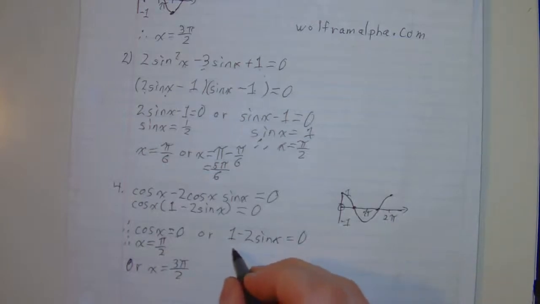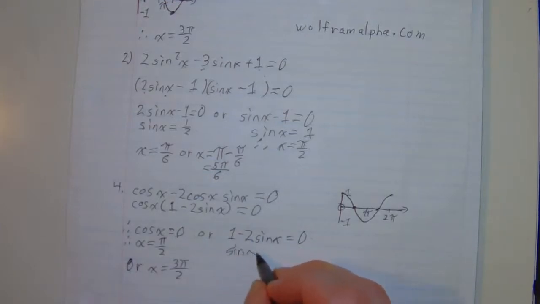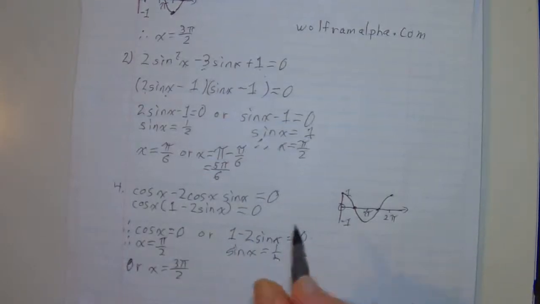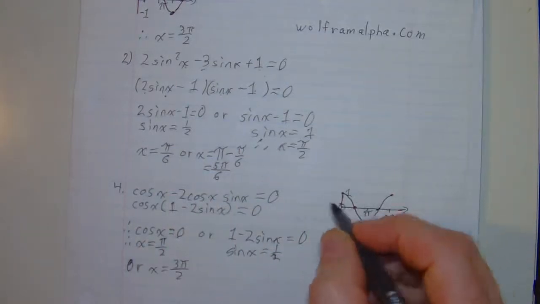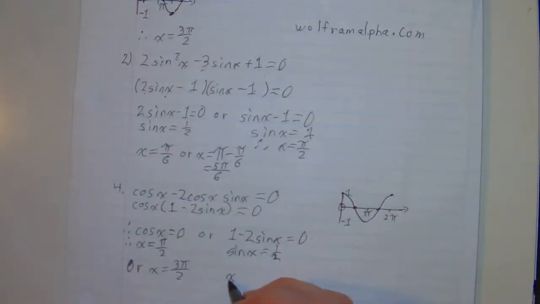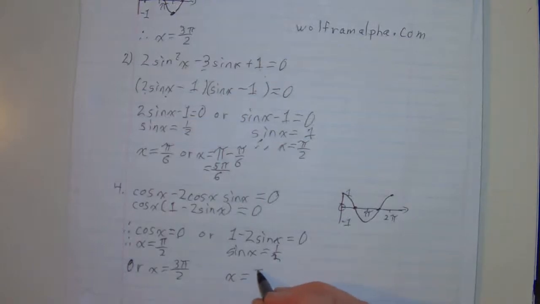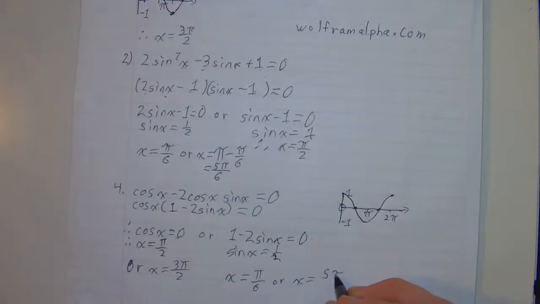And here we get, if we rearrange this, put the 1, we get -1 divided by -2, we get sine x equals 1/2. And we've already solved that one up here. So we know that for sine x equals 1/2, x equals pi by 6, or x equals 5 pi by 6. So now we have our 3 solutions for that one.